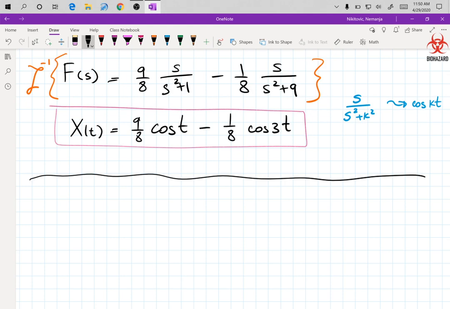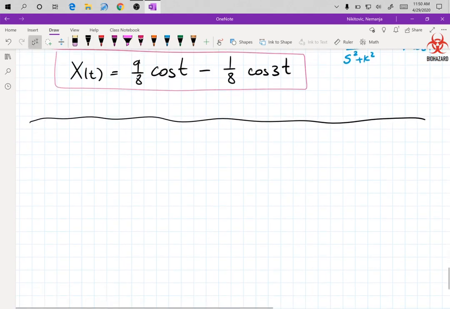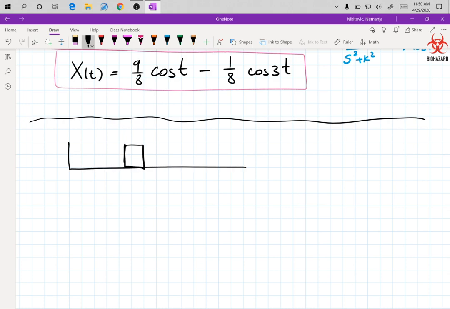They gave us the system of these spring masses. You have a mass M1, a mass M2.